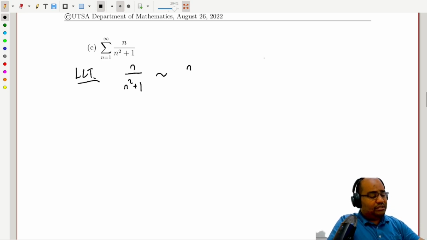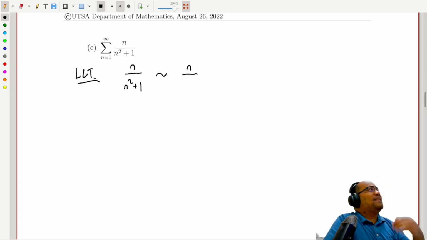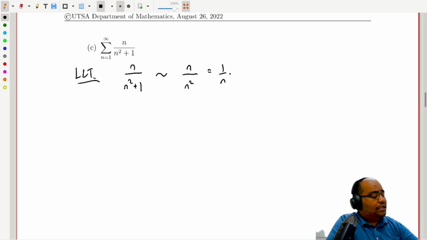So the numerator, we still have n, but in the denominator, if I drop that plus 1, I get an n squared. Now, n over n squared is, well, 1 over n. Now think about our p-series test. That's our candidate p-series, with p equals 1, that's the canonical harmonic series, right? And we know that the harmonic series diverges.